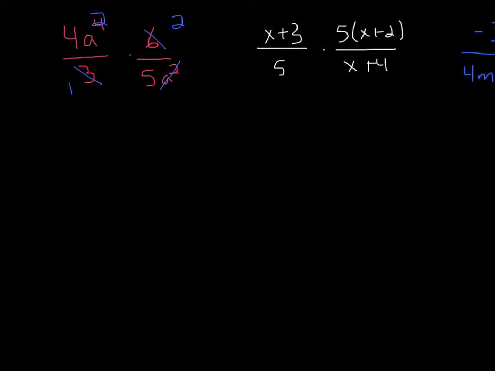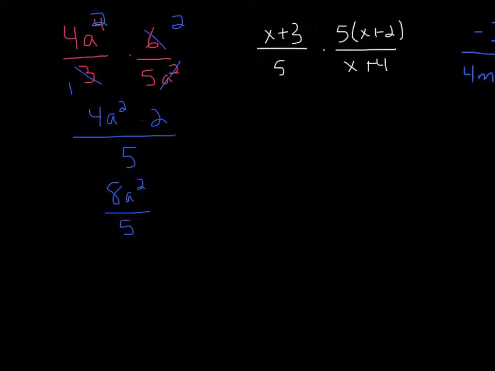Okay, and so if you hopefully remember back to dividing with variables and exponents, all you have to do is subtract, right? Okay, so what are we left with? We have 4a squared times 2, all over, and then this is 1, that's 1, so we got 5 on the bottom. So we end up with 8a squared over 5. Hopefully that's what you got.